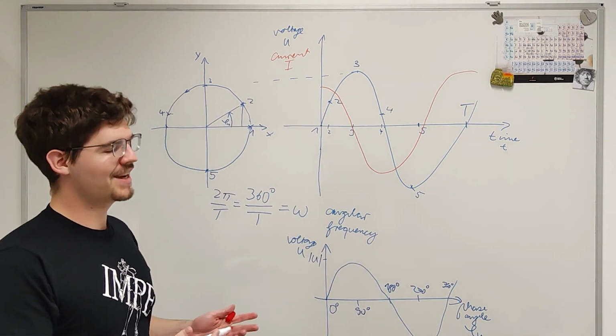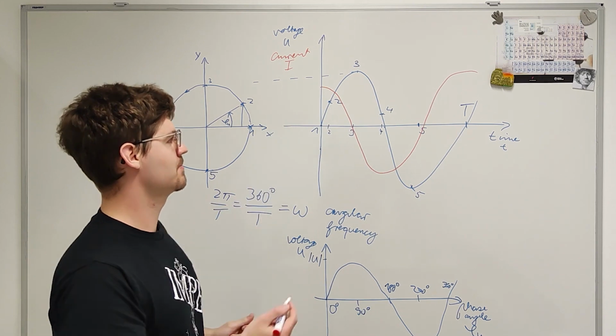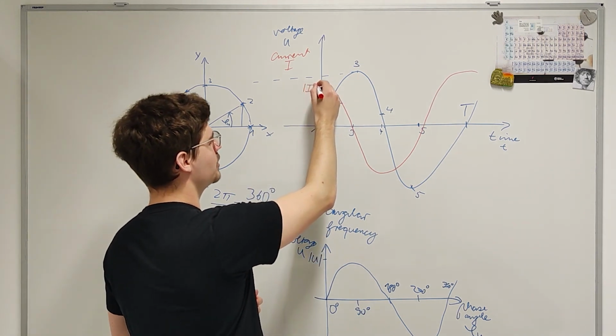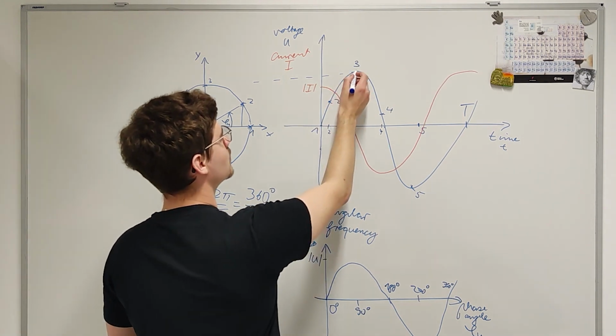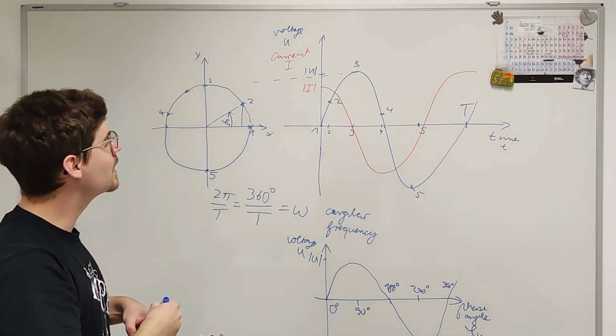Well, essentially we again obtain a sinusoid, but it is shifted by 90 degrees. We have here the amplitude I. For consistency, I will call the maximum of u the absolute of u.